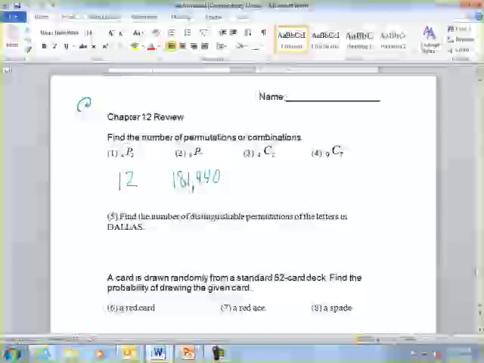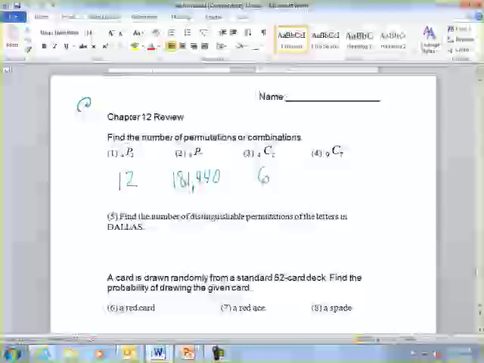In a combination, the order of selection does not matter. In a permutation, we're picking things to place in a specific order, so AB is different than BA. Whereas in a combination, we're just picking things and we don't care what order. So if you're working with the same numbers, a combination should always be smaller.